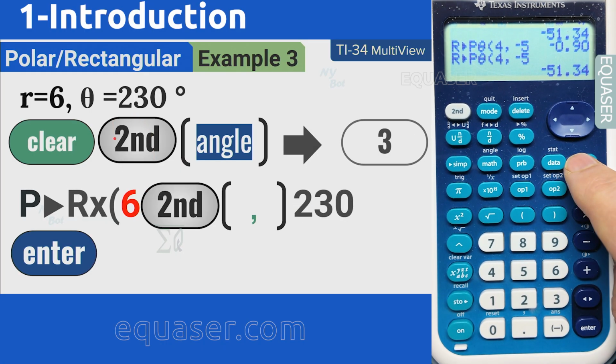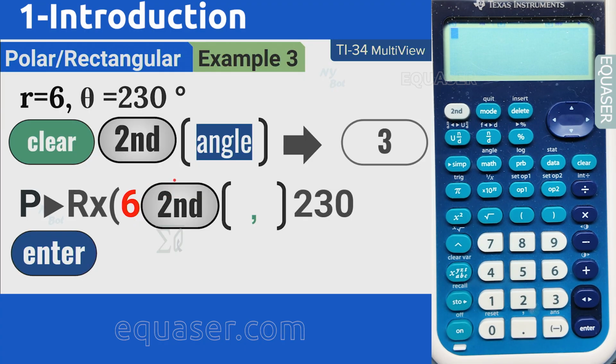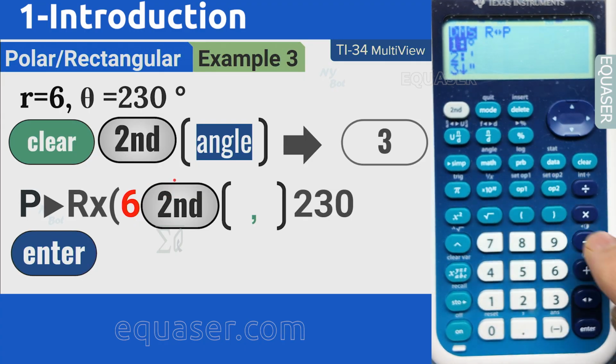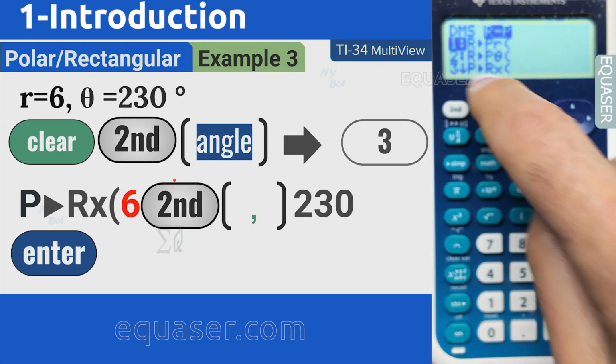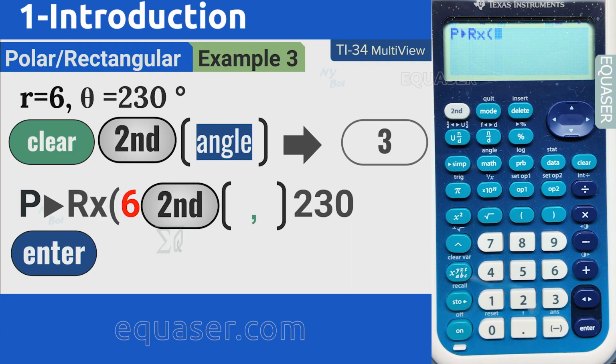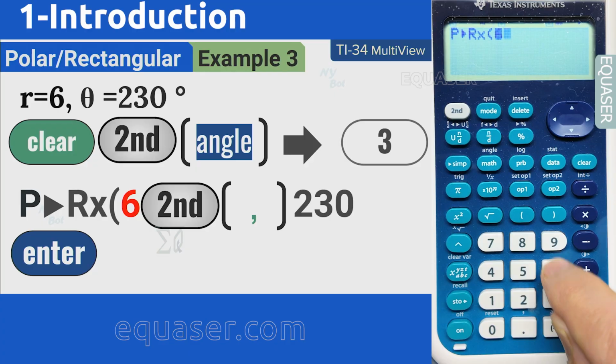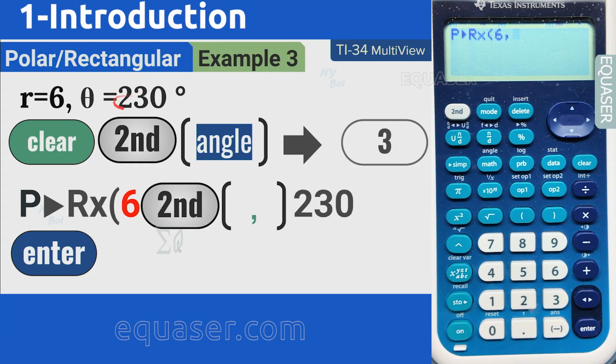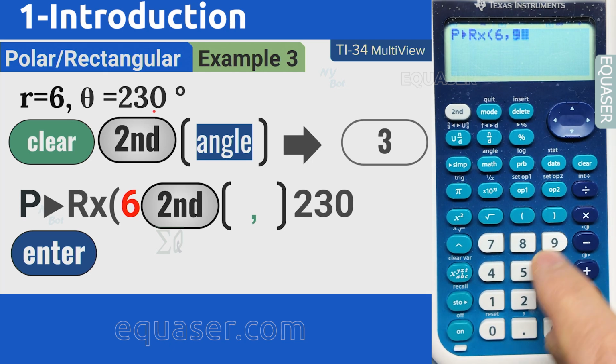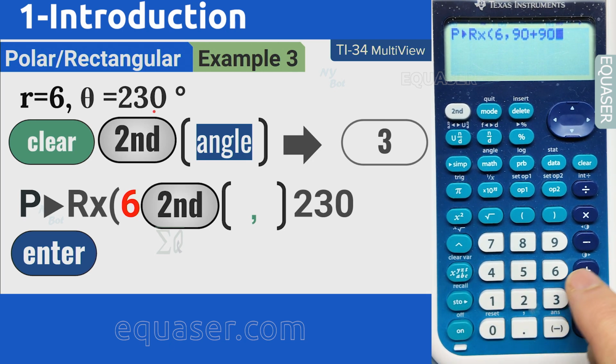Now I'm pressing clear. Let's enter it. Clear, second function math, go to the right, and for x press 3, and we want to get x from polar to rectangular.